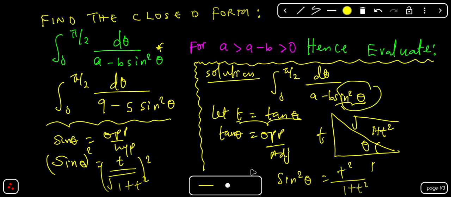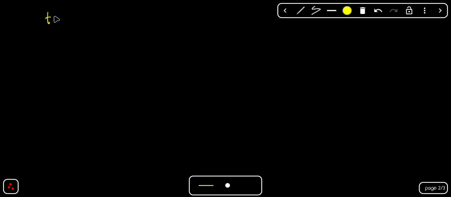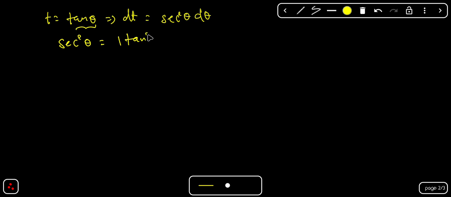We have t equals tan theta, so let's differentiate that. Since t is equal to tan theta, if we differentiate t with respect to t, we have dt equals, and if we differentiate tan theta with respect to theta, that is sec square theta d theta. And then remember that sec square theta is equal to 1 plus tan square theta, okay?